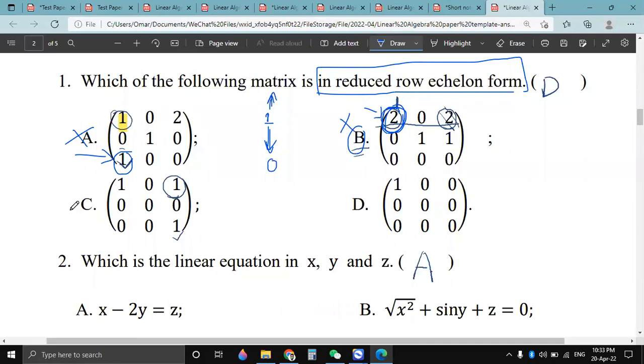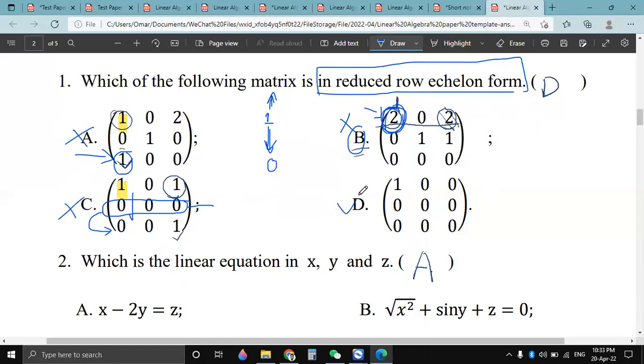And for the third option, we can see this is the first pivot point, and all the entries below this pivot point are 0. But you see here, we have a row with all entries 0, and it should stay at the last, but here it is not at the last, so this is also not a RREF form.